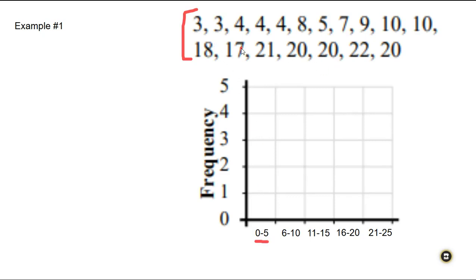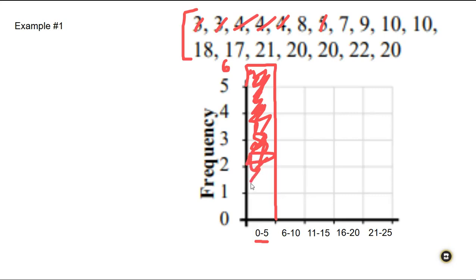So up here, out of my data set, I see that I have 1, 2, 3, 4, 5, and 6. So I got 6. Let me put a little 6 right there. All right. Bam. So between 0 to 5 is going to have 6. I don't know what this data set is supposed to represent. Let's say it represents how many pictures people have on their phones or something like that.